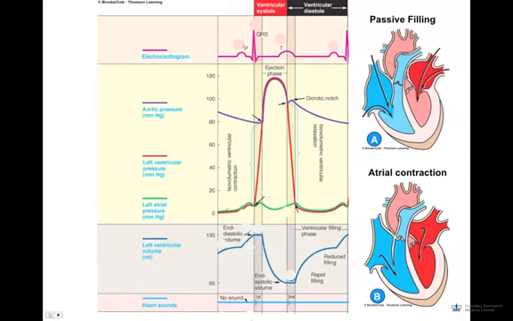And in fact, ventricular contraction creates an expansion of the volume in those atria that creates a bit of a suction effect. It's called cardiac suction, that draws blood into the atria while the ventricles are contracting.